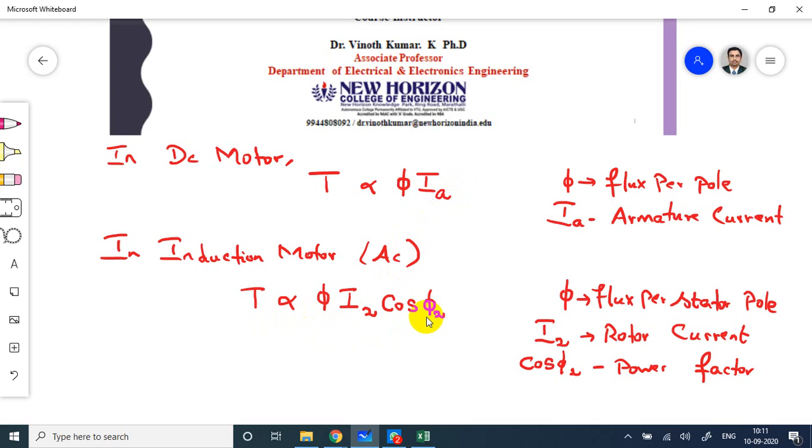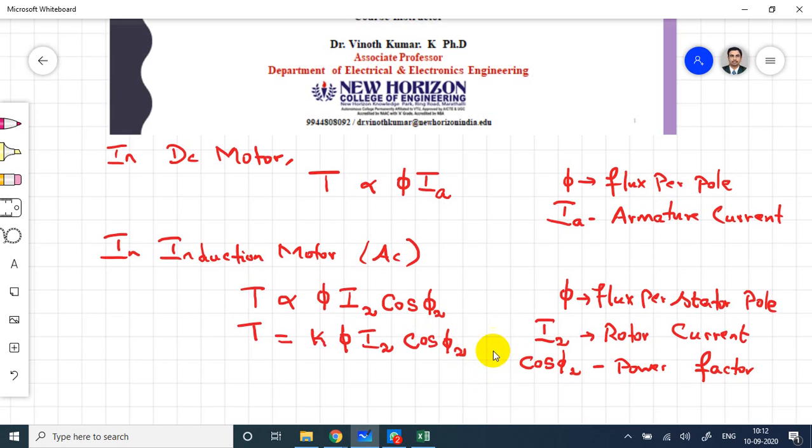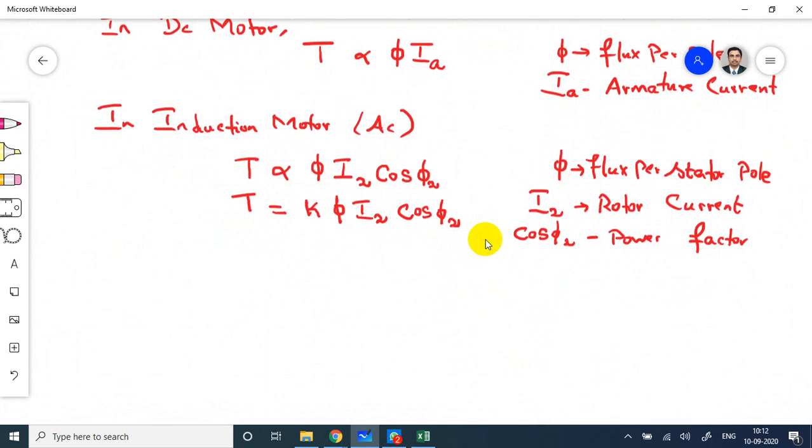Now if you replace the proportional symbol with equality, you will get a constant K: T equals K phi I2 cos phi 2.